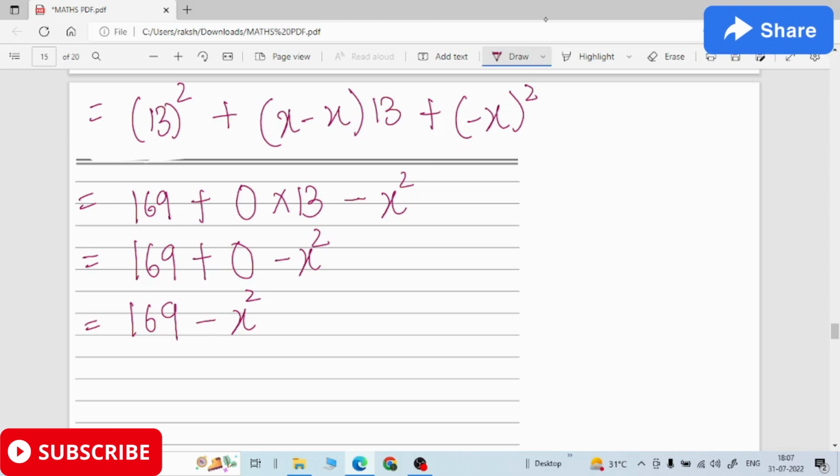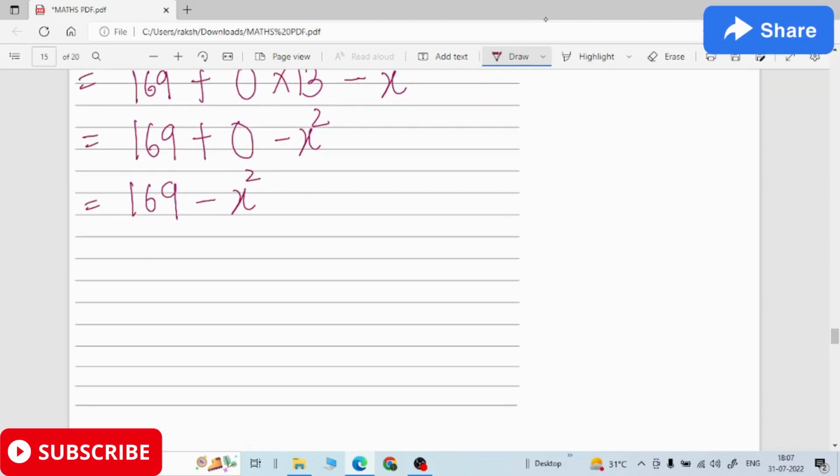Okay, the next one, the fifth one, that is 3x plus 4y and 3x plus 5y.